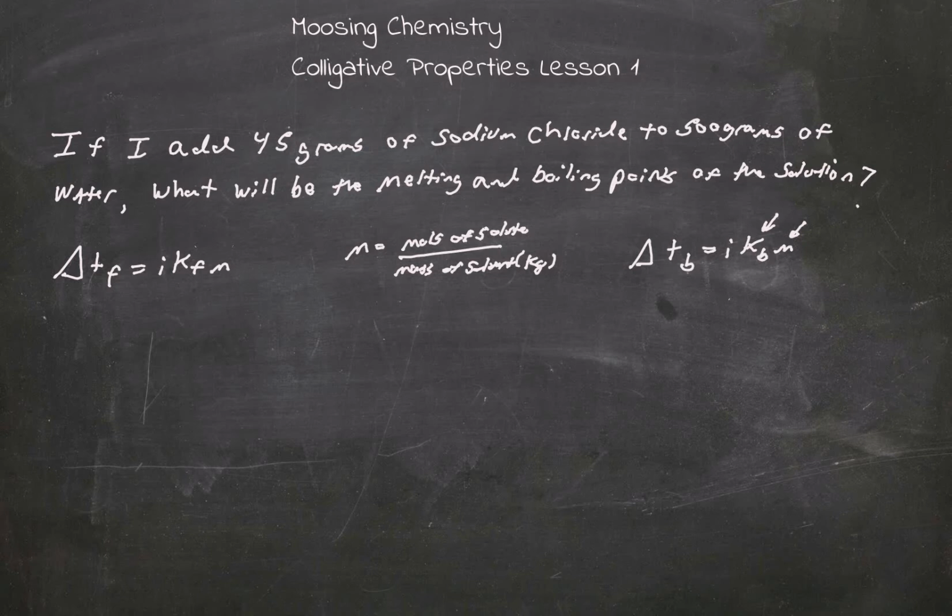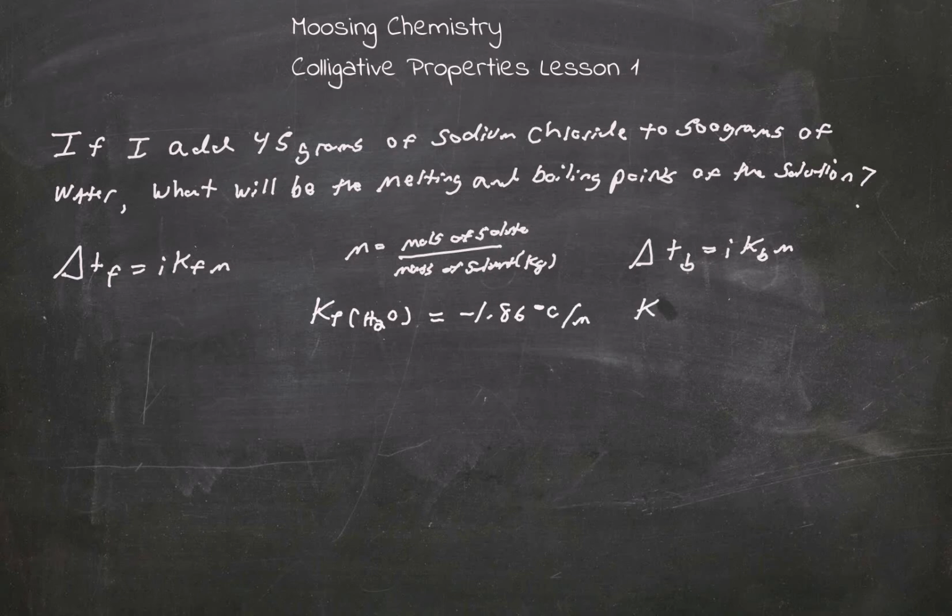All right, so now, like I said, each solution has its own unique Kb and Kf. So we're doing this with water, because it tells us that we have water. Okay, so now, the Kf value for water, H2O, is equal to negative 1.86 degrees C over little m.